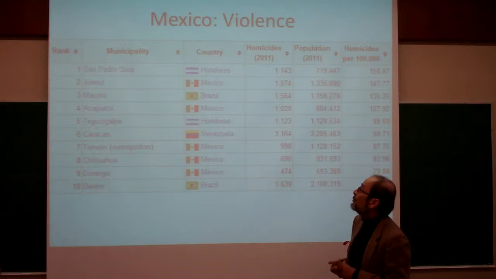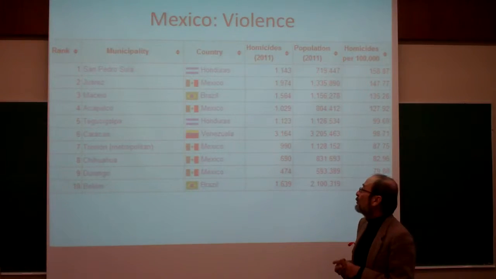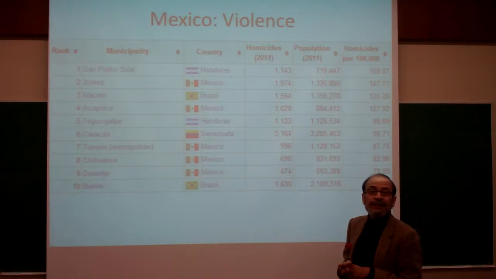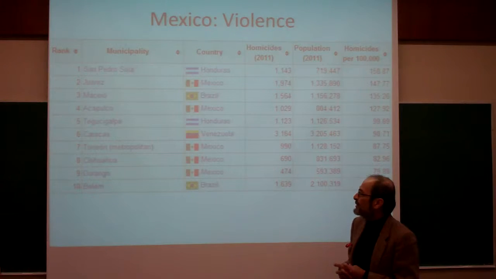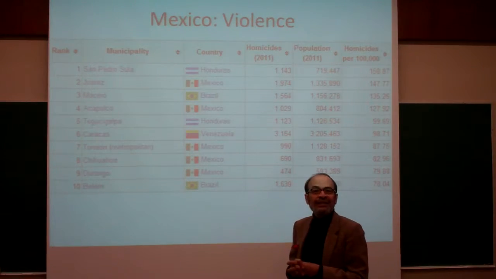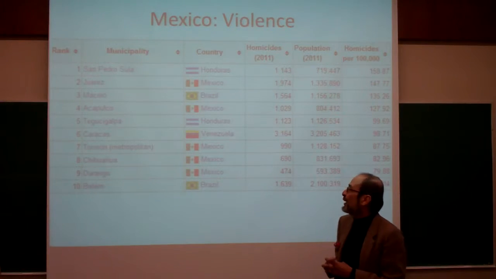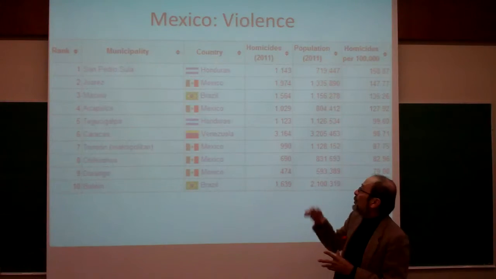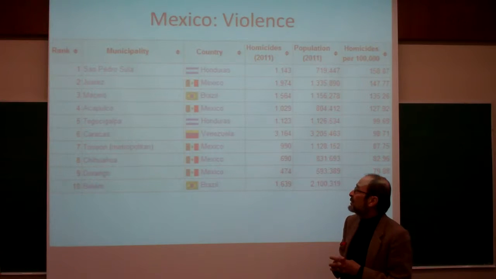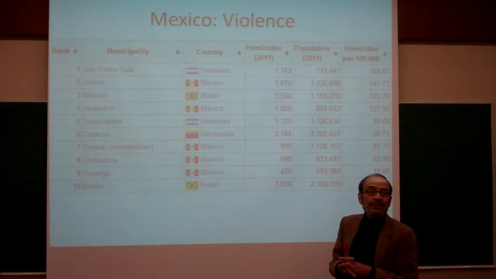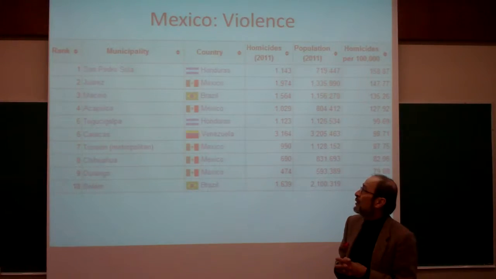However, it is also important to keep in mind they are not all from Mexico. So for example, Brazil appears twice in the top 10. Yet it's surprising that most people do not talk about how violent Brazil is, but they do talk about how violent Mexico is. Honduras, which is a very small country, also features two cities in the top 10.